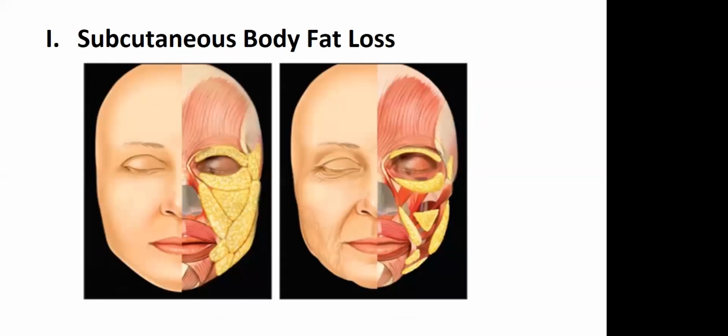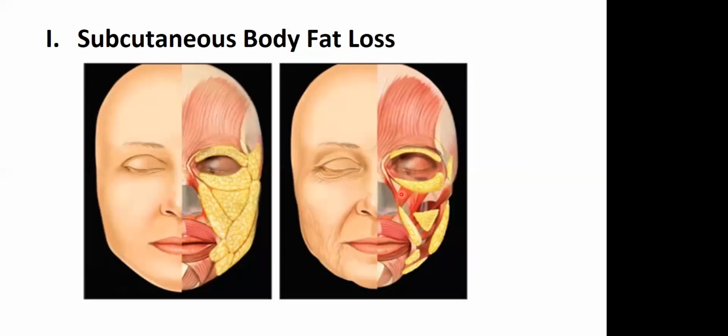So you'd want to elicit in this particular pictorial, as you can see on the left here, where the fat deposition usually is. And as you lose fat, you can see clearly what fat loss looks like. Whenever someone has severe malnutrition, they tend to look more hollow in this particular area.